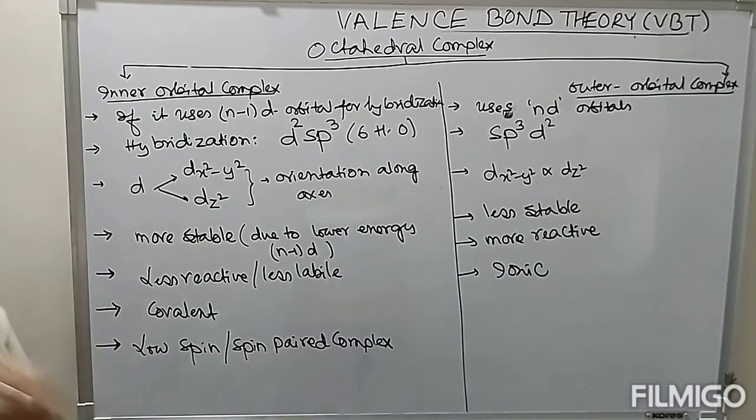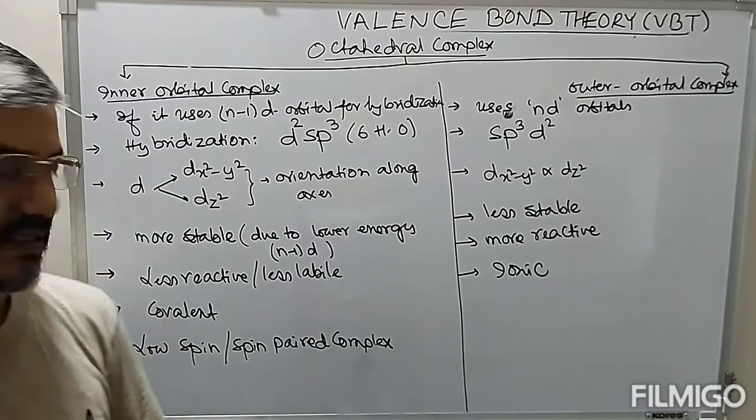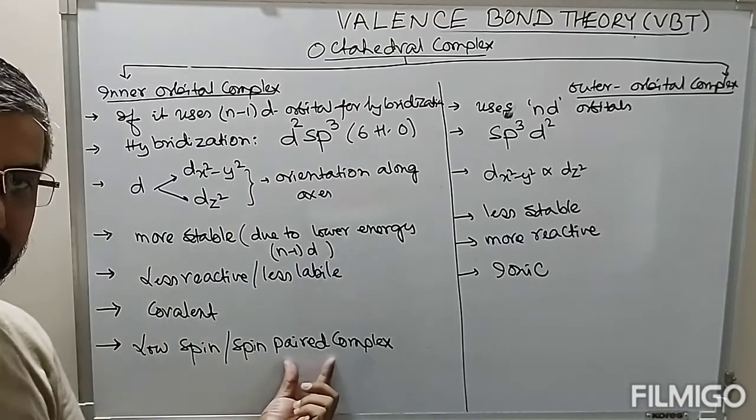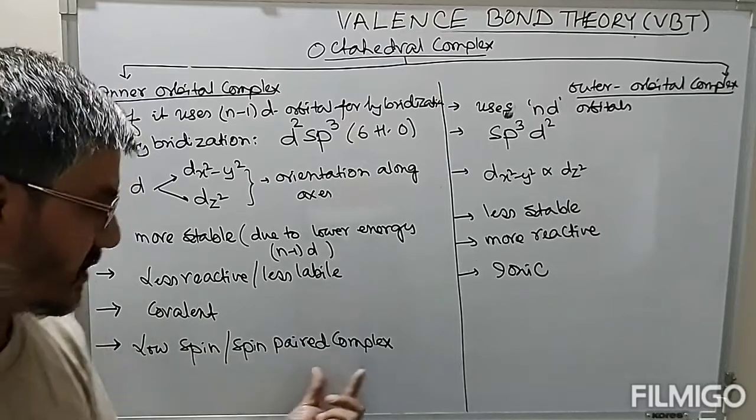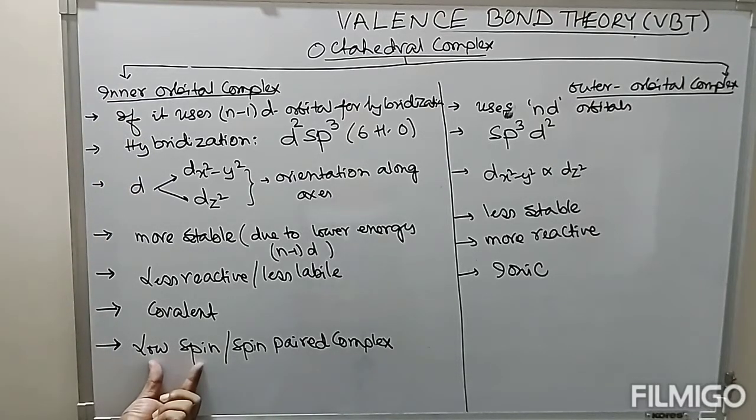If the electrons are forcefully paired up in the d orbital, the resultant spin quantum number will be less. So this is known as spin pair. If the pairing of spin occurs, then the total resultant spin quantum number will be less. So we say this is a low spin complex.